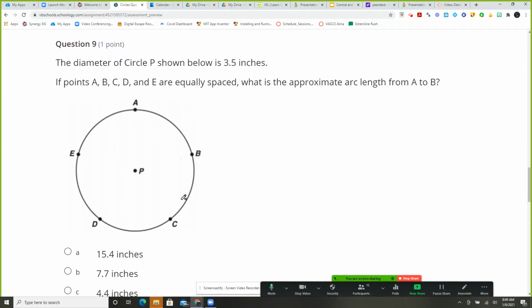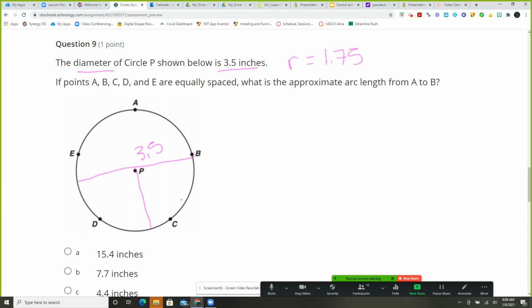The diameter of the circle below is 3.5 inches. So the diameter is all the way across, and that's 3.5. So what's the radius? Anytime I'm given a diameter, I usually find the radius. 3.5 divided by 2 is 1.75.